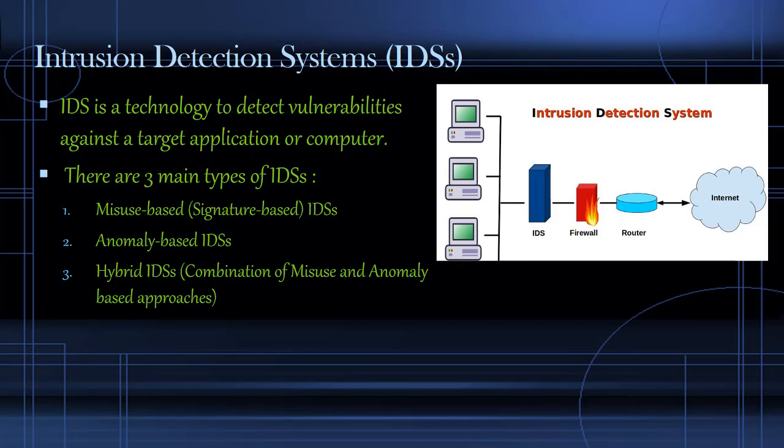It helps discover, determine, and identify unauthorized use, duplication, alteration, and destruction of information systems. There are three main types of cyber analytics in support of IDS: misuse-based, sometimes also called signature-based, anomaly-based, and hybrid-based. Okay, let's introduce each one shortly.